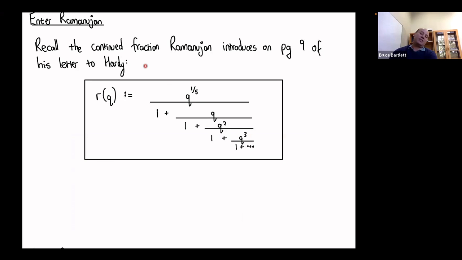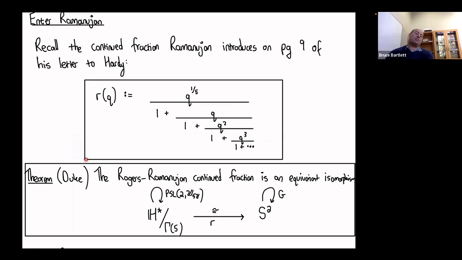So how can I understand this function abstractly? It's a very nice theorem of Duke a few years ago that you can understand this function abstractly as follows. We call it the Rogers-Ramanujan fraction because it was actually already written down by the mathematician Rogers a few years before Ramanujan, although he didn't calculate some of the identities that Ramanujan did.